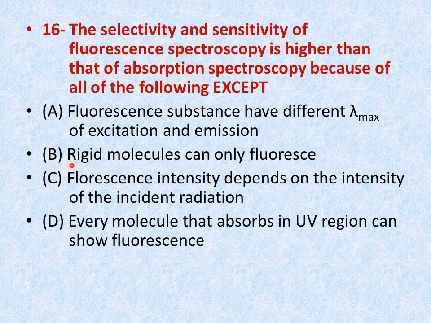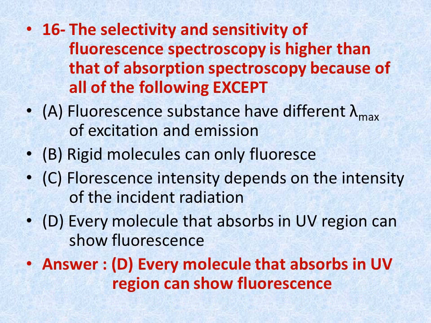B, the rigid molecules can only fluoresce. C, fluorescence intensity depends on the intensity of the incident radiation. While D, every molecule that absorbs in UV region can show fluorescence. So let's see what is the most appropriate option. So that is option D, means every molecule that absorbs in ultraviolet region can show fluorescence.